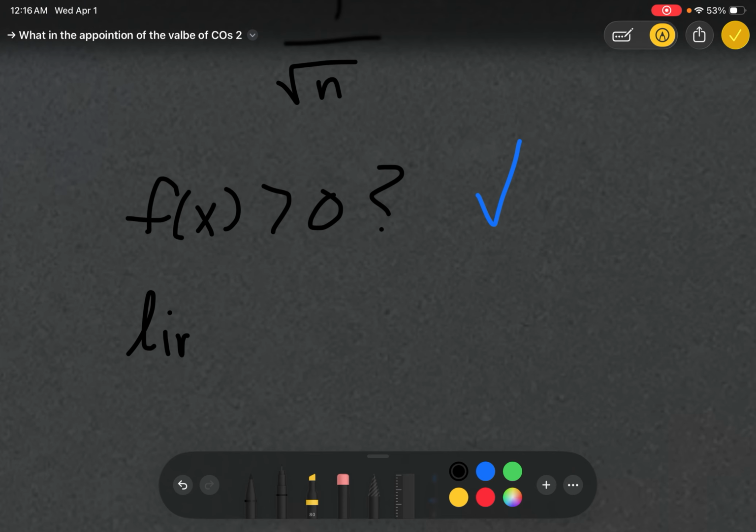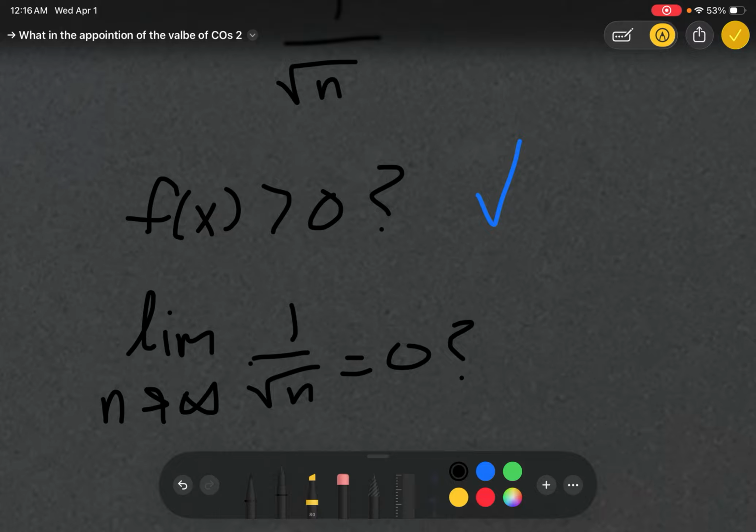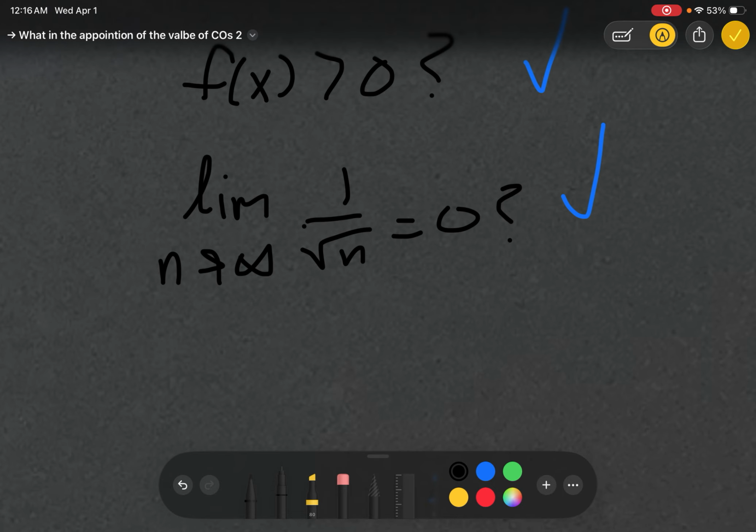When the limit is approaching infinity, does this approach 0? Yes, because as your n gets bigger, since the denominator is greater than the numerator, the result is going to be closer to 0 the more you increase the denominator. So yes, this is true. Is a of n greater than a of n plus 1?